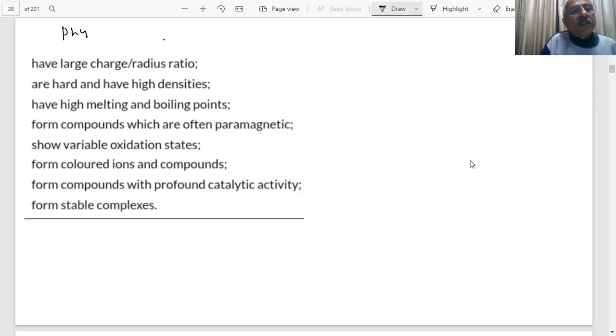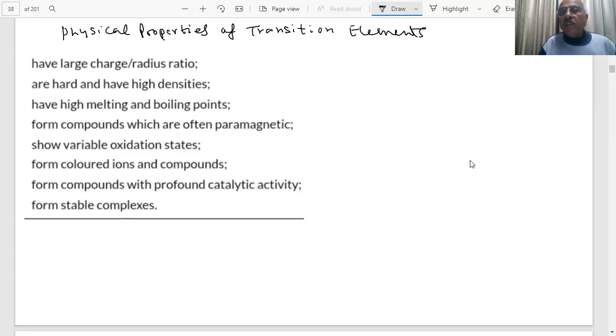Some of the physical properties of transition elements which we will be studying. They have a large charge by radius ratio. That means their size is small, charge is large, student. So a large charge by size ratio.